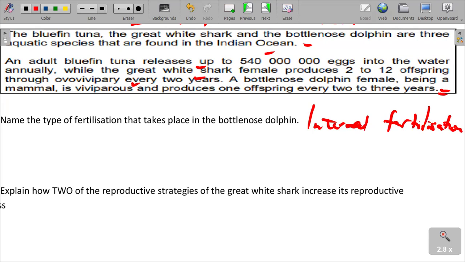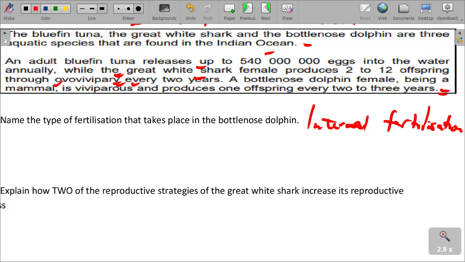As we are talking about the form of reproduction, the bottlenose is a mammal, which is viviparous.